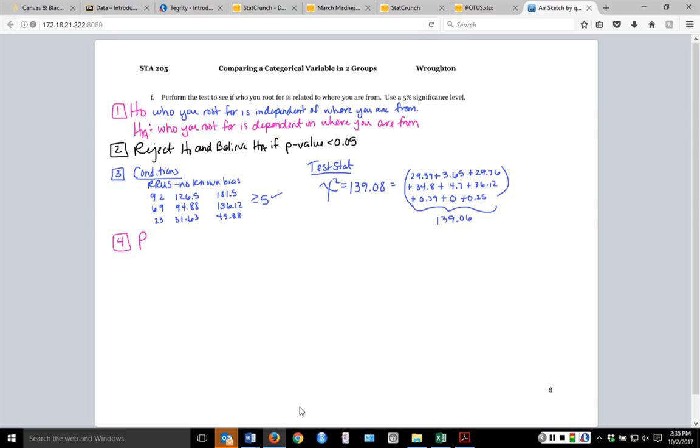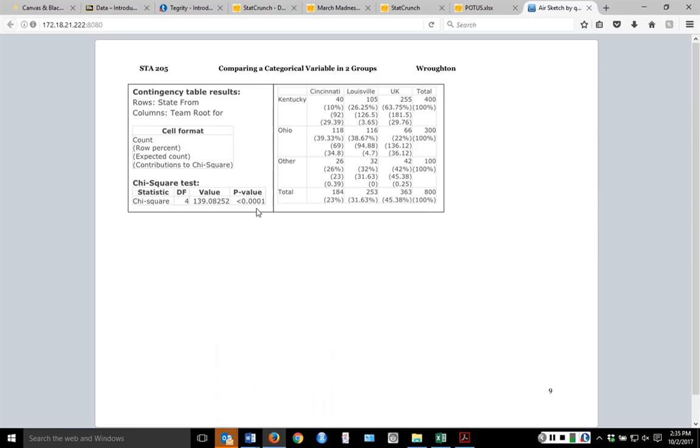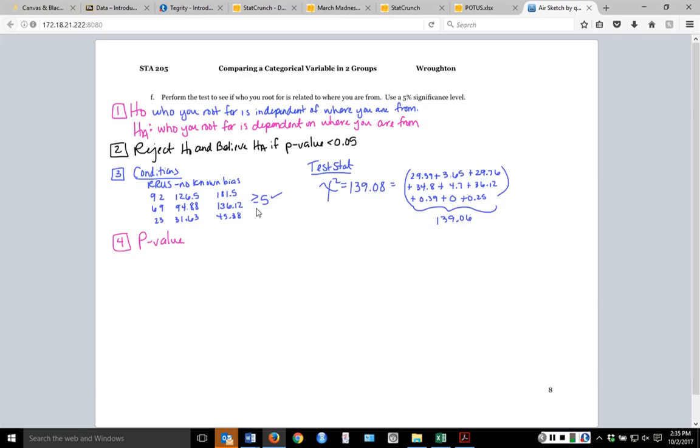Our fourth step is our p-value, which we just get from StatCrunch now. So it's just part of our output. It's less than 0.0001. So I go back to step 2. Is that less than 0.05? Yes, it is. So I will reject the null, and I will believe the alternative.